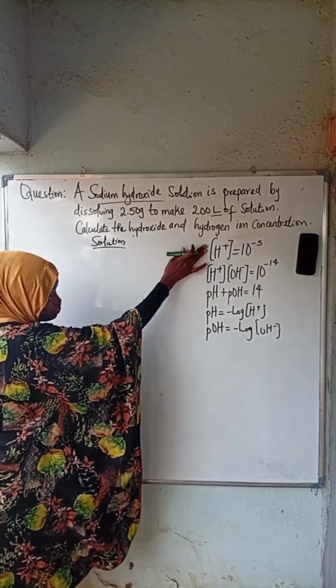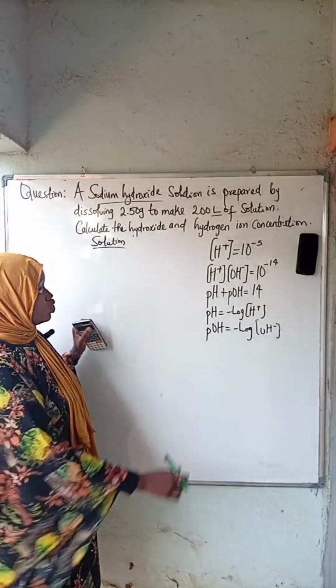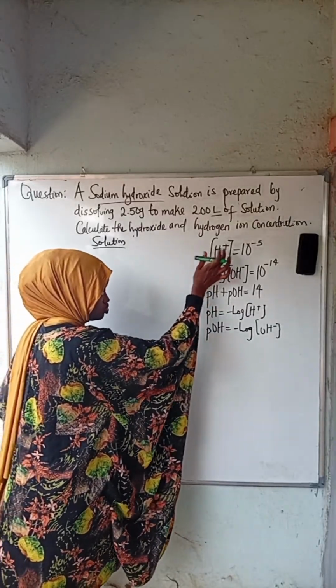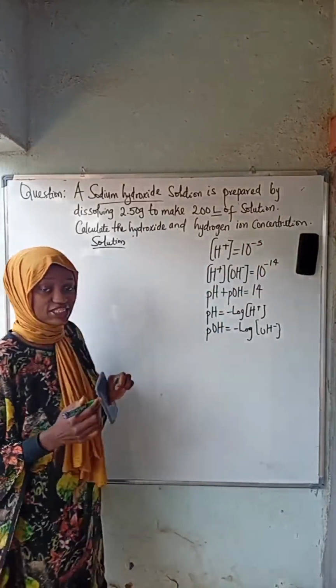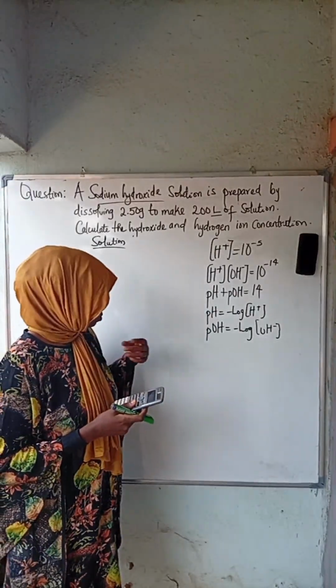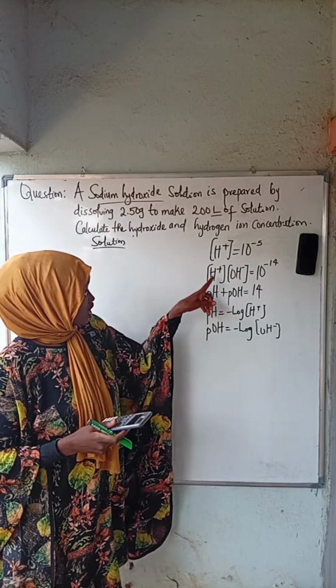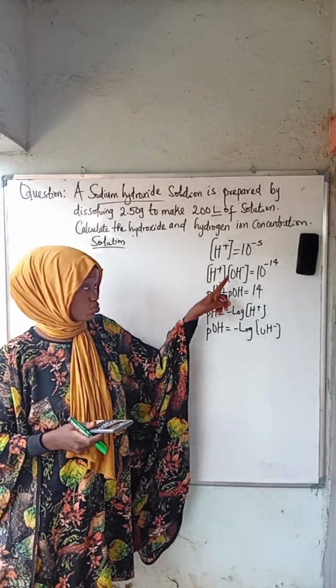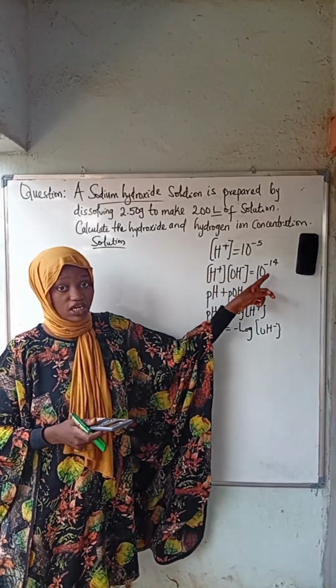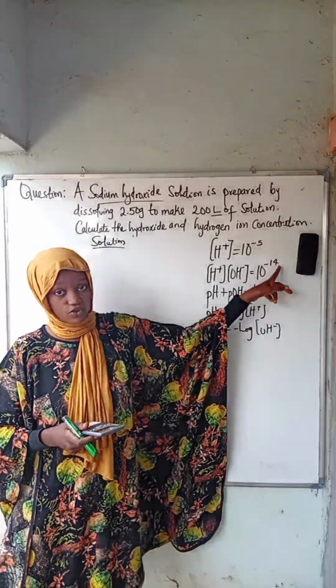So these are some of the formulas we need to know under the pH scale. We have that hydrogen ion concentration is equal to 10 to the power of -5. We have another formula, which is hydrogen ion concentration multiplied by the hydroxide ion concentration. When you multiply them together, this is equal to 10 to the power of -14.